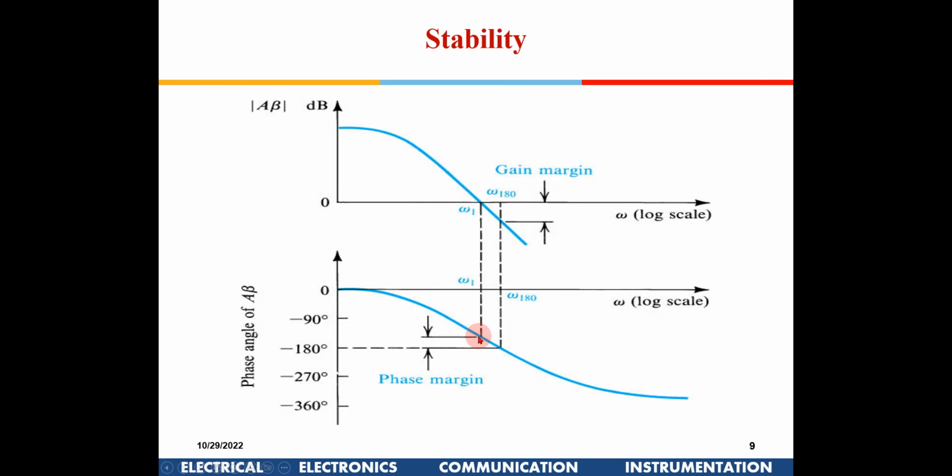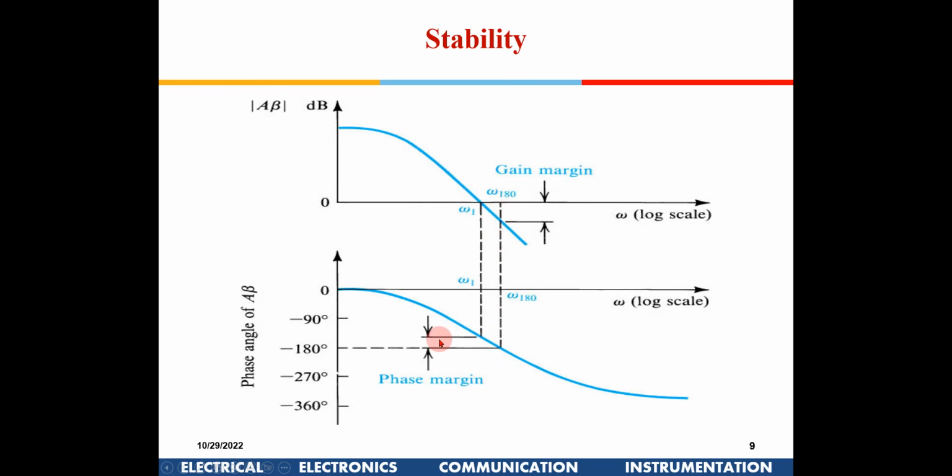So if this is going to reach 180 before this reaches 0, then it is unstable. Here the gain is reaching 0, and the phase is going to 180 after that only. So even if for a higher frequency it is going to make a 180 degree phase shift, it doesn't matter, because for that particular frequency at which the signal is making a 180 degree phase shift, the gain is less than 1.